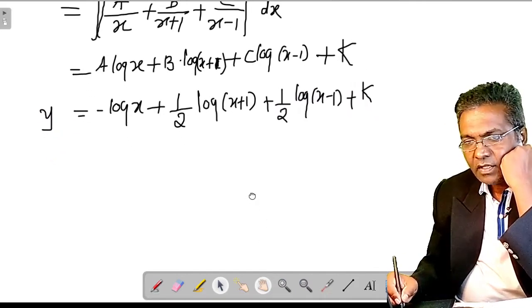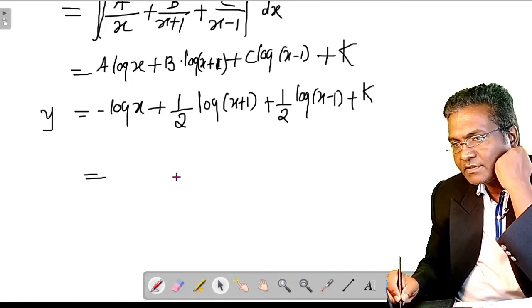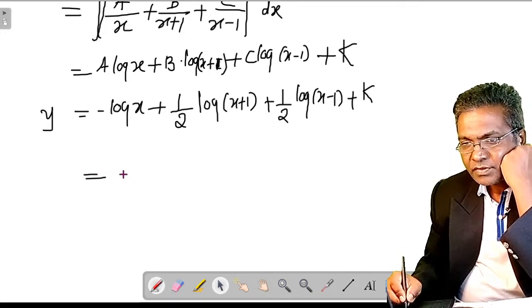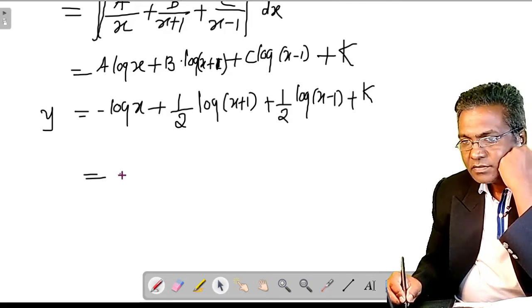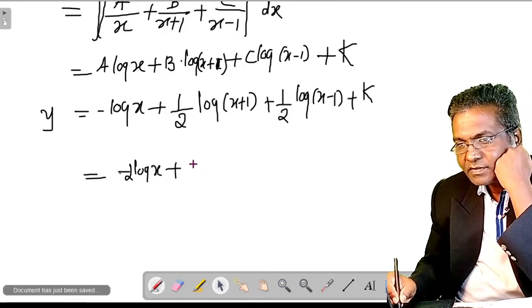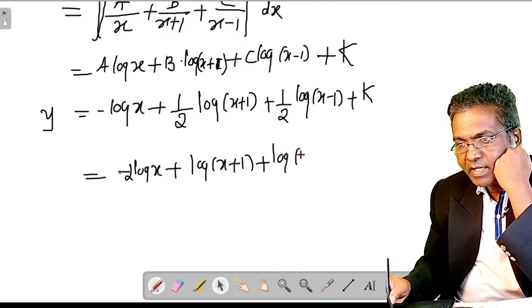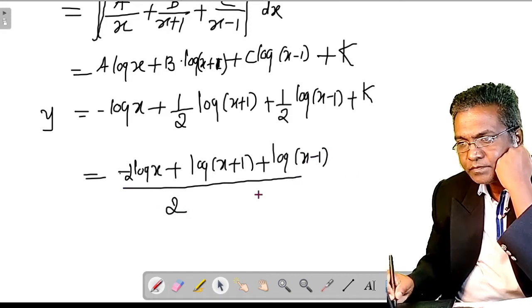Okay, further simplify it, take LCM as 1 by 2. So minus 2 log x plus log of x plus 1 plus log of x minus 1, by 2, plus constant k.